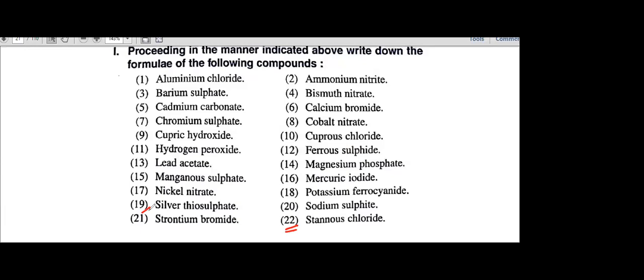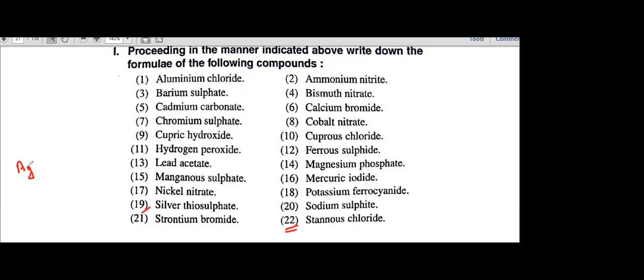Silver thiosulfate. Now, when we talk about silver thiosulfate, whenever we write a formula, we should write the cation first. What is the symbol of silver? Ag. Start with this.